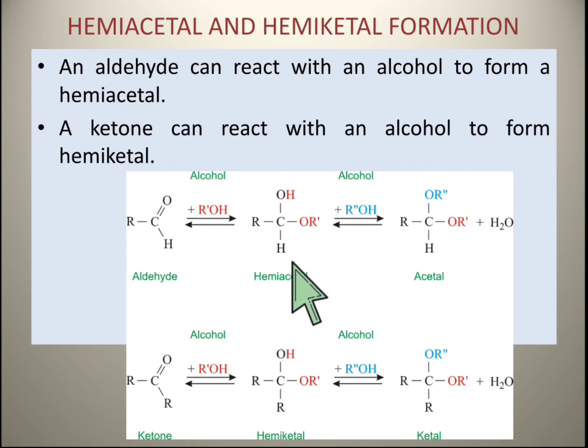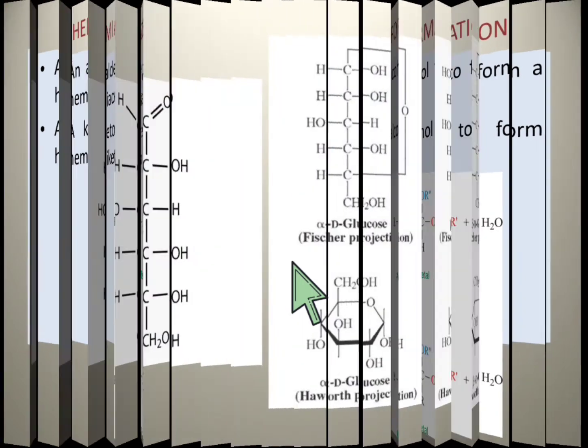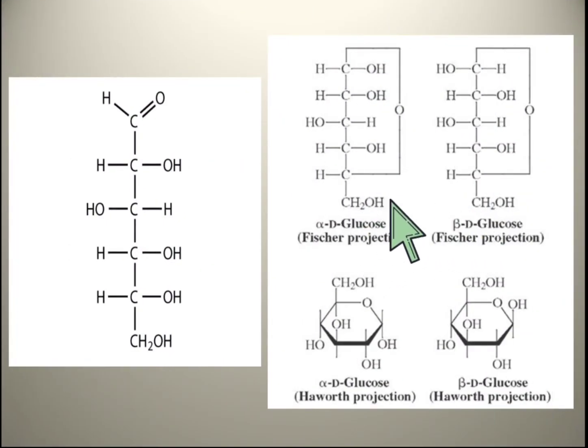And in the case of the glucose molecule, this reaction occurs intramolecularly between the OH group of carbon 5, you can see here, this is the OH group of this carbon number 5 in glucose, and the aldehyde carbon here, resulting in the formation of a pyranose ring.